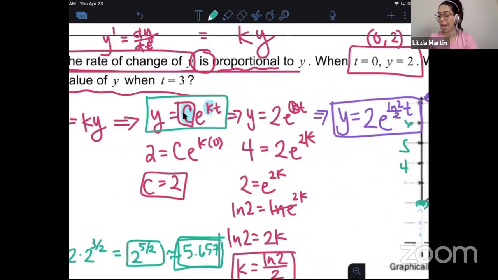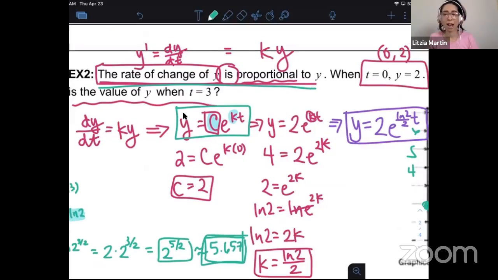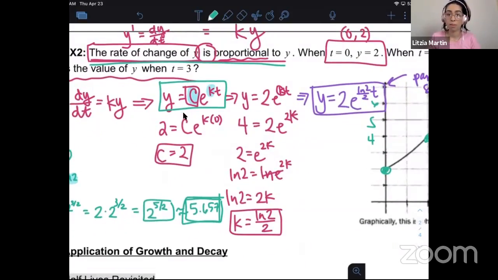So whenever we have a phrase similar to this that says the rate of change of y is proportional to y, or some kind of similar phrasing, then we can go ahead and use that theorem, which means we basically don't have to do any integration. It's a lot of just kind of plugging in conditions, because that's what we did in this last problem here.